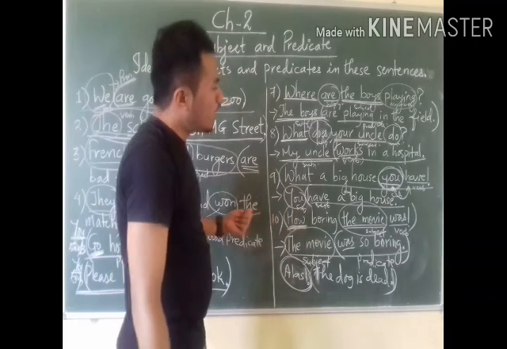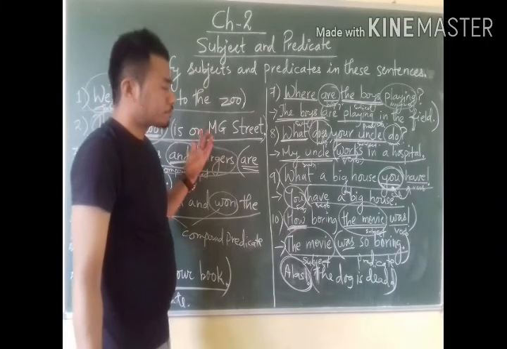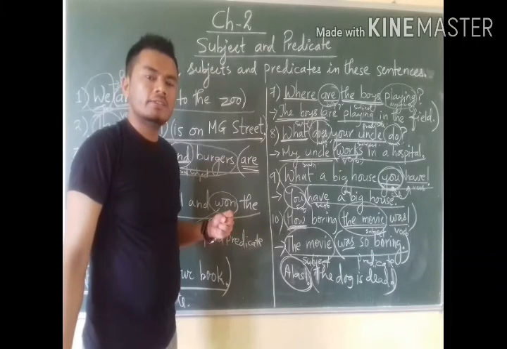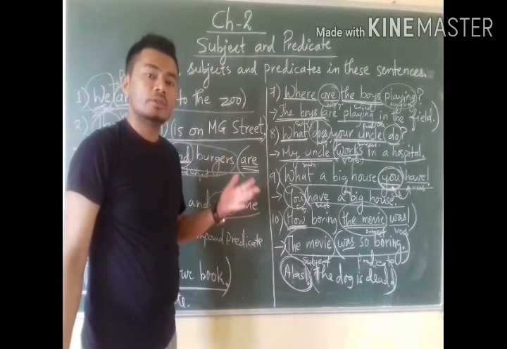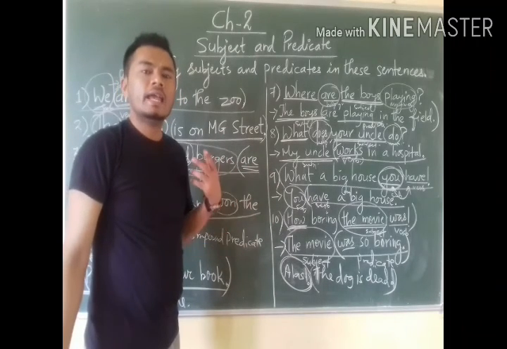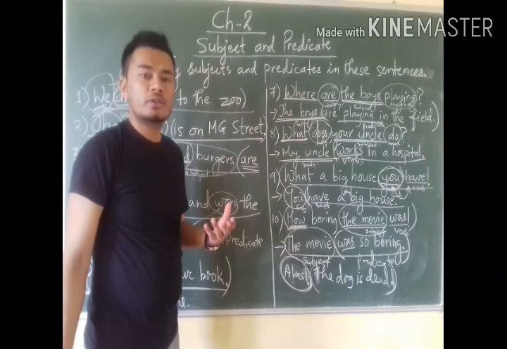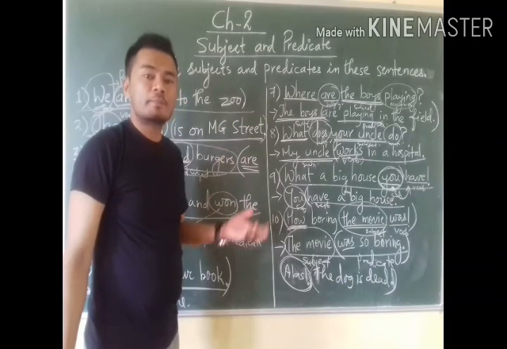Understood? Now I hope you have understood everything about subject and predicate, not only how to identify subjects and predicates in assertive sentences, but also in other kinds of sentences. But still, if you have any doubts, you may ask me questions regarding the explanation of this chapter.